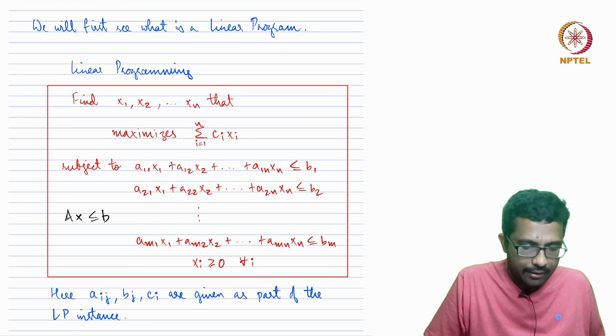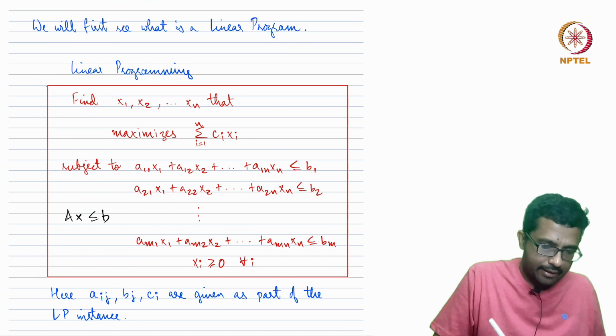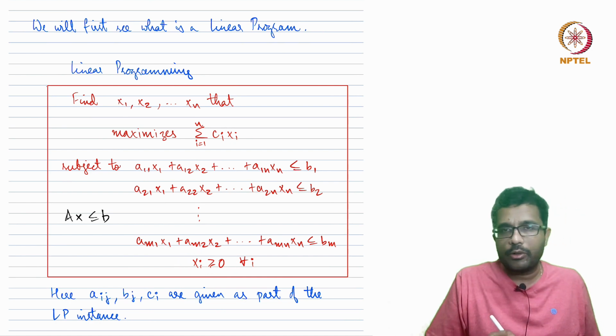This is one of the standard forms. There are also a couple of other forms in which you can write it. For instance, you can remove this greater than or equal to 0 constraint.